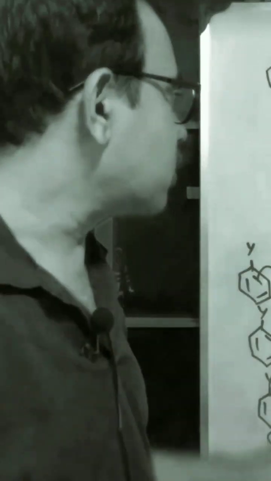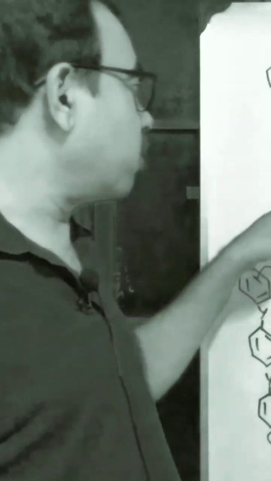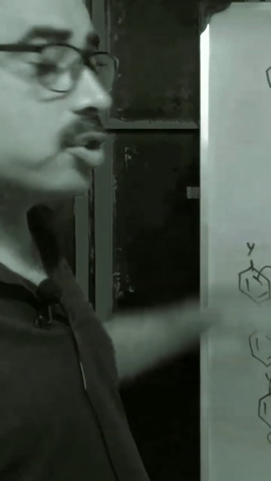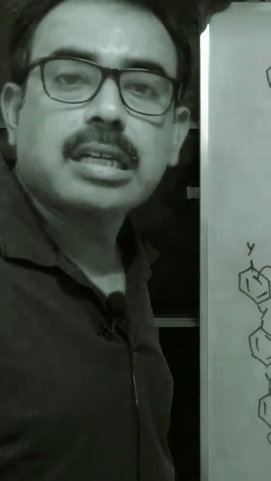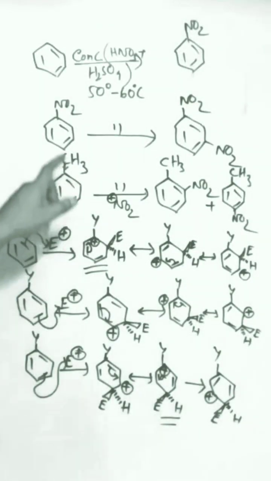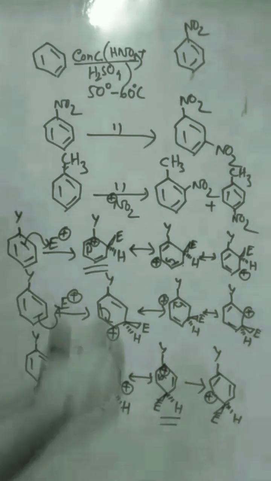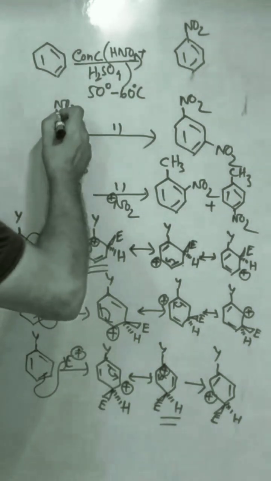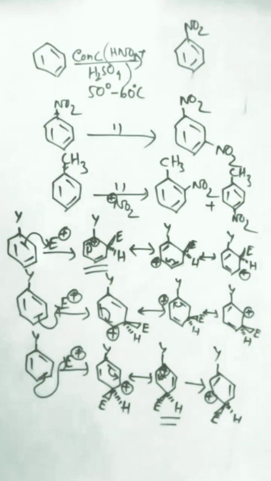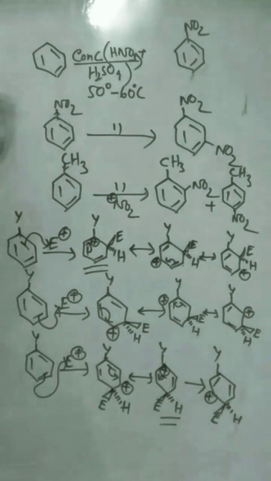Now what happens if the group already present has a minus I inductive effect, like NO2? NO2 group has minus I inductive effect, that is a bond pair electron pulling effect. Now it withdraws the bond pair electrons towards itself, making this carbon electron deficient.